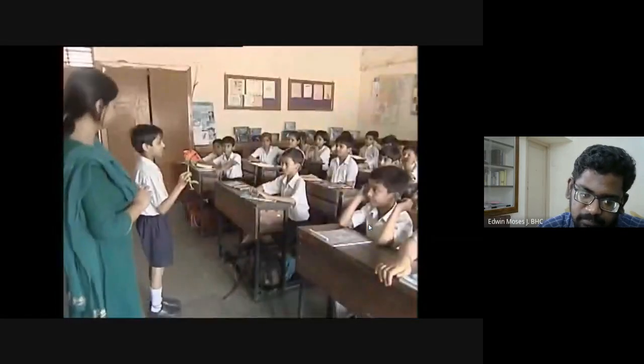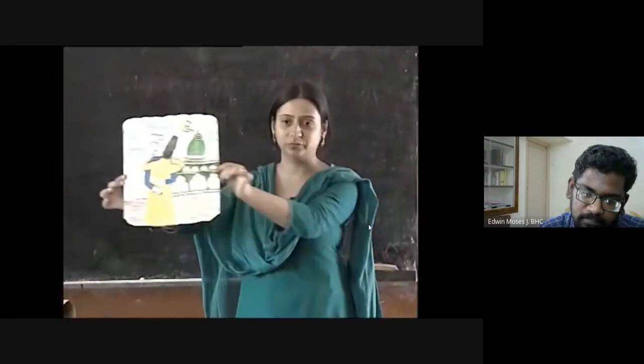Ruby, I was observing your class, and there were a lot of activities, and children were able to speak in English. And tell me one thing: what made you plan this way, using objects and pictures, in order to enable your children to speak English? Yes, Meghnadhan, it was a very interactive class and I enjoyed it.